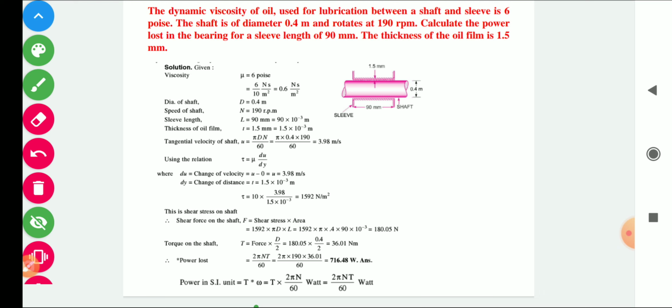So to convert it into seconds, you need to divide this by 60. So this will give it in terms of seconds. So this will be torque, or you can say 2 pi nT upon 60 watt. So power loss will be equal to 2 pi nT upon 60. If you put all the values in this equation, the final value of power loss due to this shear force is equal to 716.48 watt.